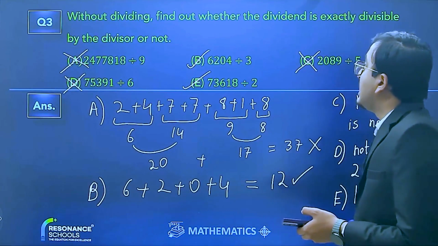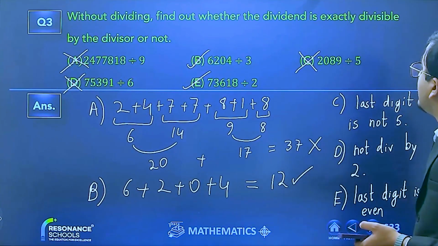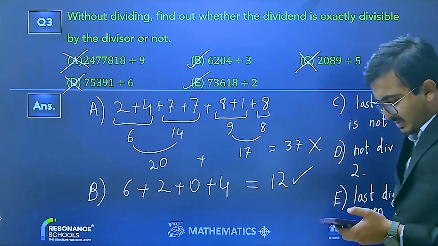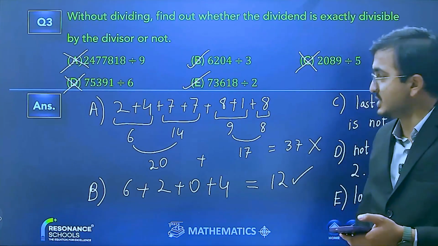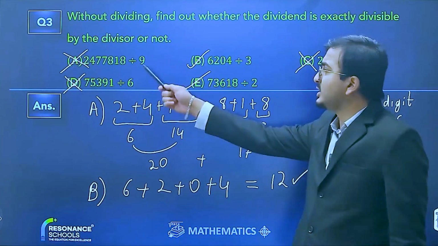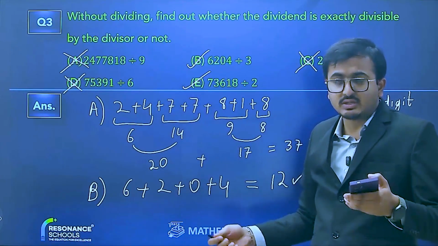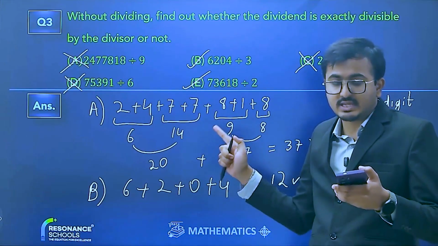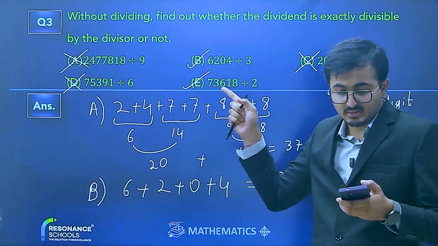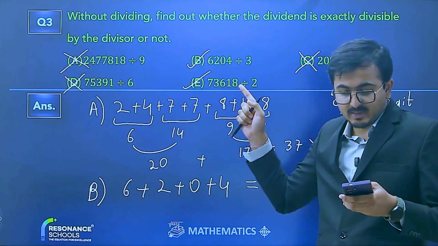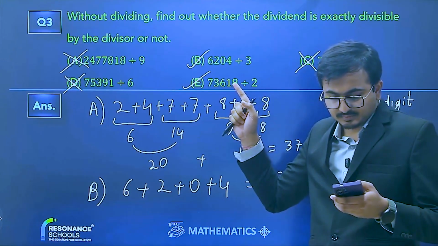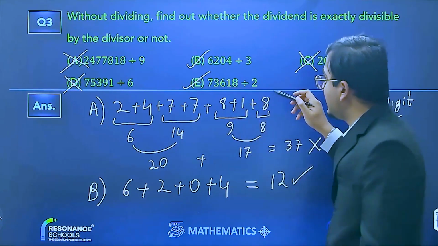Without actual division, find out which are divisible and which are not divisible. How did we do? Divisibility rule of 9. For those who had doubt in divisibility rules, again a golden chance to listen to the class.